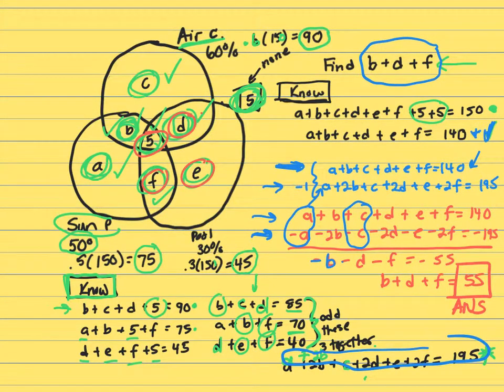Combine your D's, you're left with a negative D. E's cancel out. Combine your F's, minus F equals 140 minus 195, which is a negative 55. And then I multiplied through by -1, both sides by -1, you got B plus D plus F. And that's what you're trying to find. This problem's nasty, and I wish I had an easier way to work it.